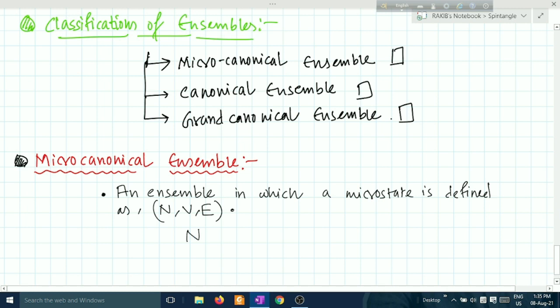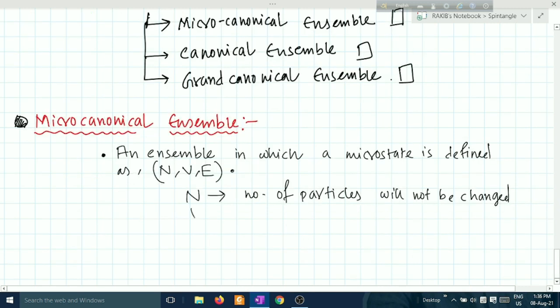Therefore, what does this signify? The number of particles will not be changed. The volume will not be changed.